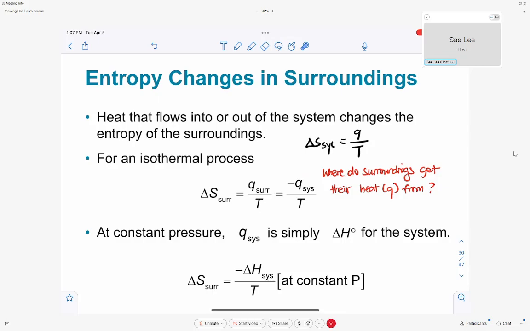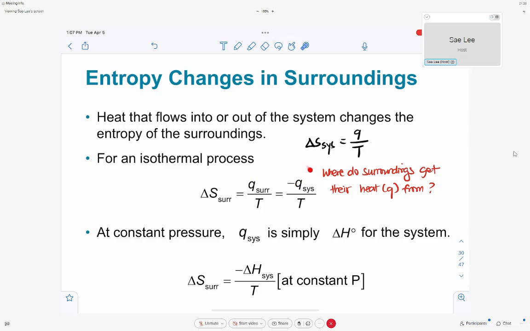So the heat of the surroundings and the heat of the system have a negative relationship. When you're using heat of the surroundings, it is going to be positive. When you're talking about the heat of the system, it's negative.